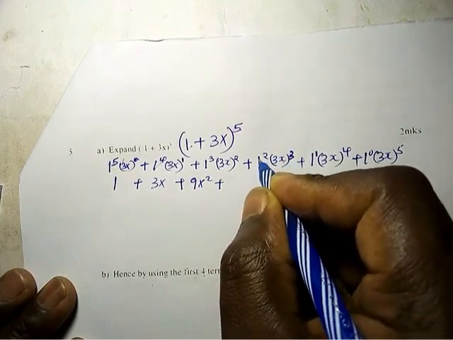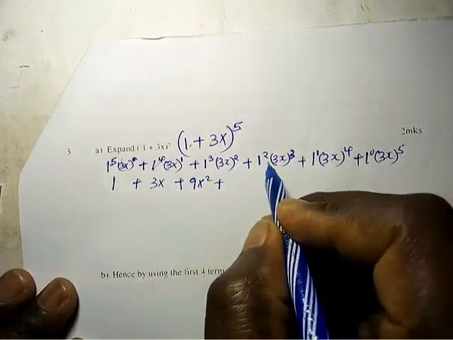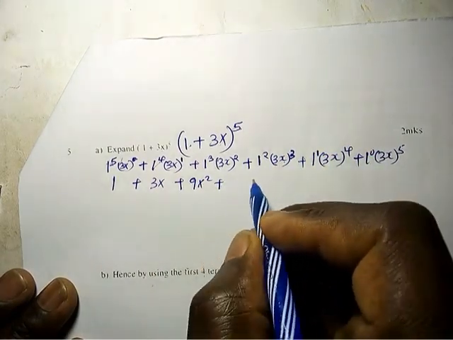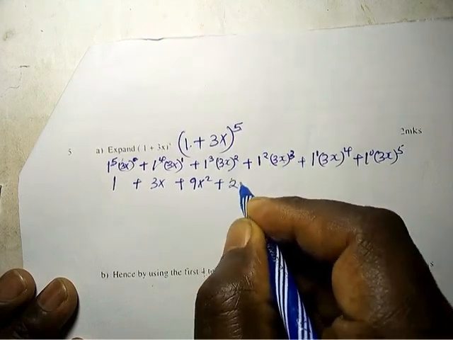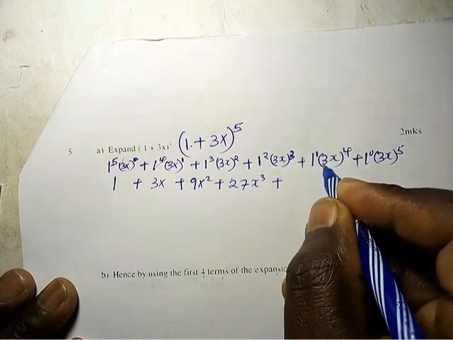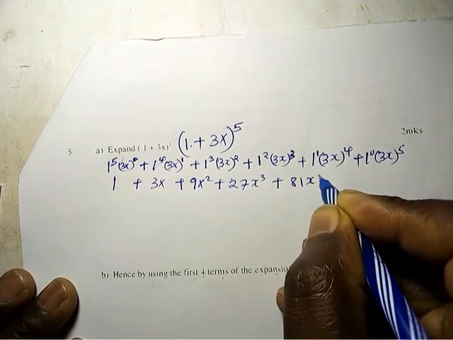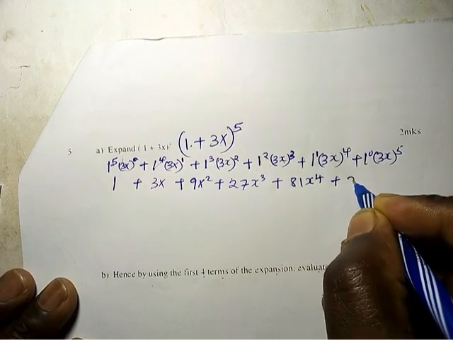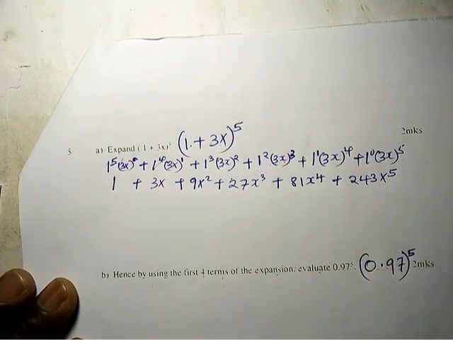Any number 1 raised to any power is just 1, even 1 raised to power 0 is 1.